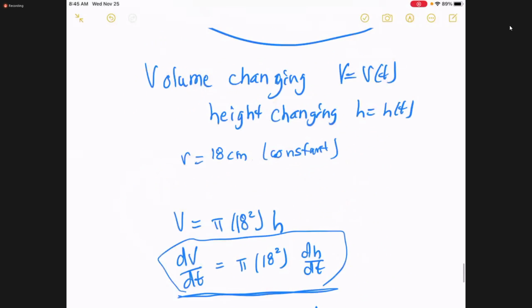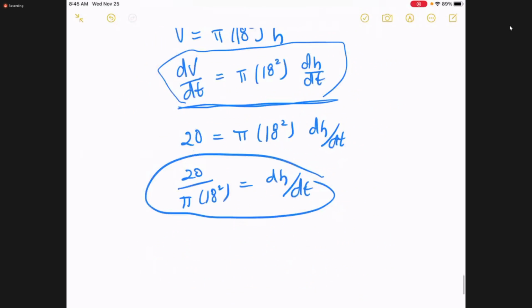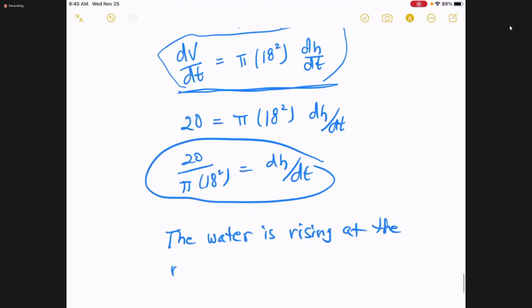The water is rising at the rate of 20 over pi times 18 squared centimeters per minute.